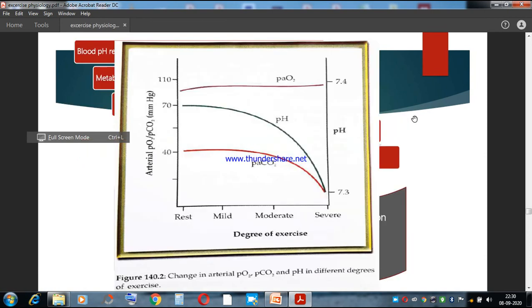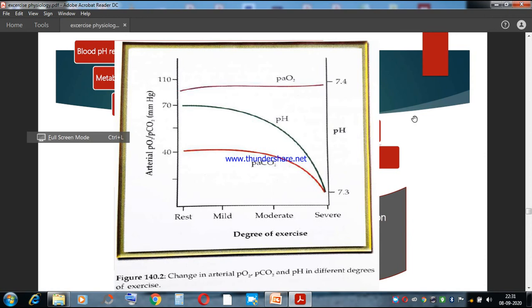Okay. So the same thing, increase in degree of exercise, how PCO2 and PaO2 change. You can see the difference is that the partial pressure of oxygen during exercise is maintained, but in case of partial pressure of carbon dioxide, it will be maintained for a certain period, and there will be decline.